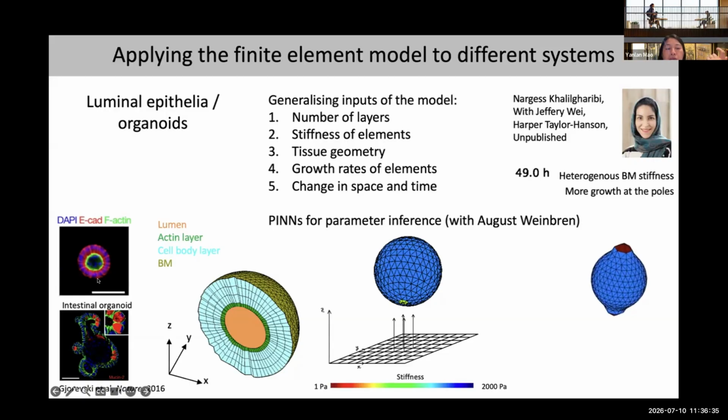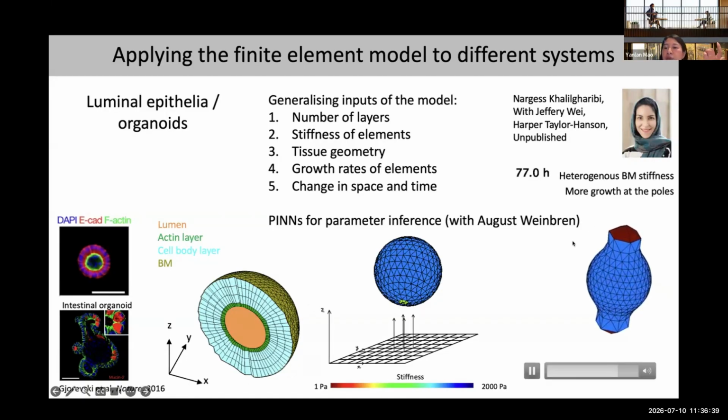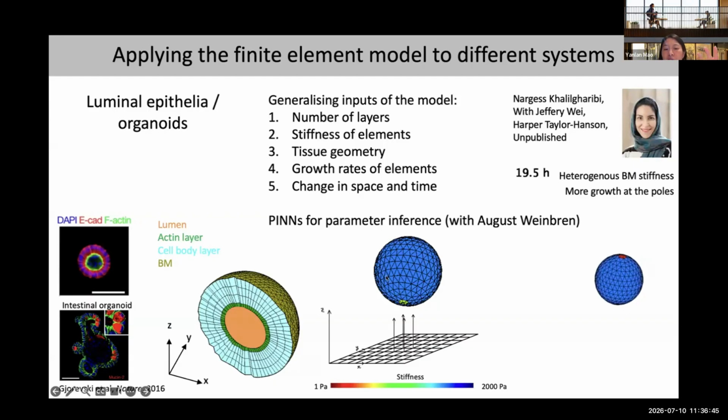For example, we can model spherical geometries to start with, but then also symmetry breaking events, and answer questions such as how do you have differential growth, maybe coupling with differential mechanical stiffness or mechanical properties or viscosity, and how do you generate patterns in this interaction between the cells and the immediate environment. So again, these are things we are working on.